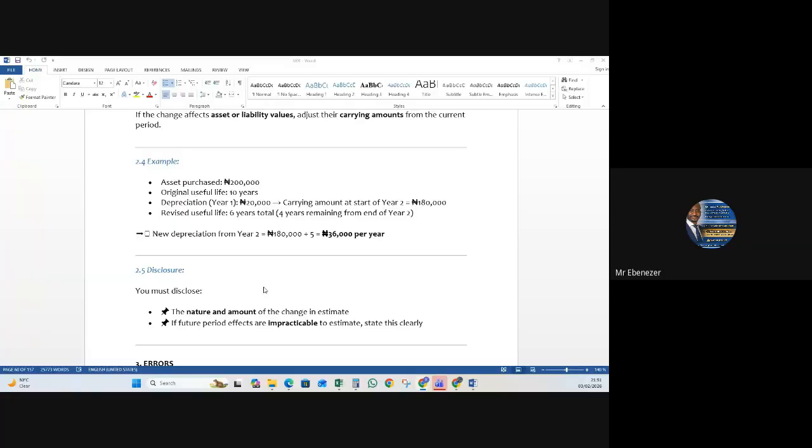And also, if future periods will be affected, or if the effect on future periods is impracticable to estimate, then you need to state it. If you don't know what the impact will be on your future, then you need to state it. And that's it.